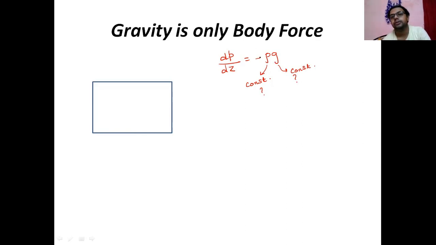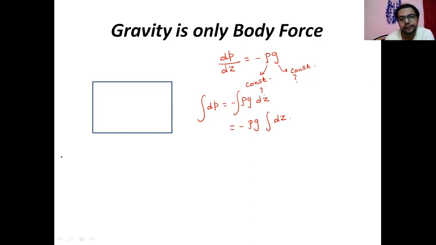But if density is a constant and G is also constant, then it's a constant term. So your equation will come in this way, rho G dz, and if you do the integration, rho G will come out of the integration. Then it will give you the simple thing.